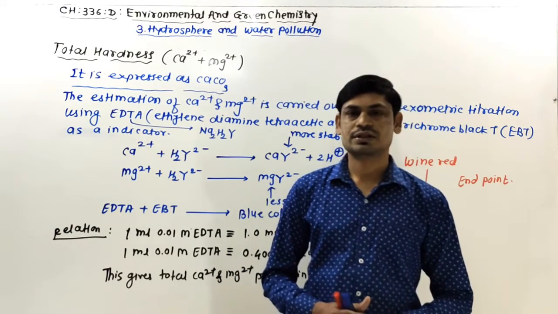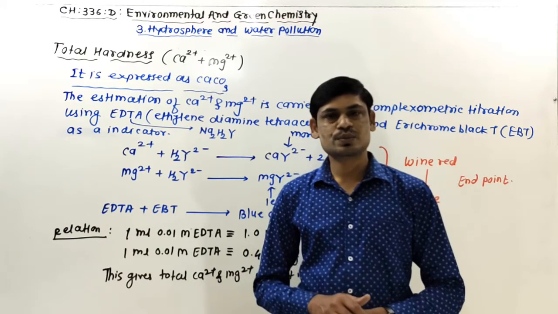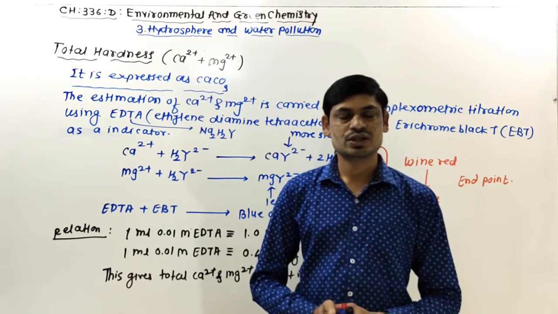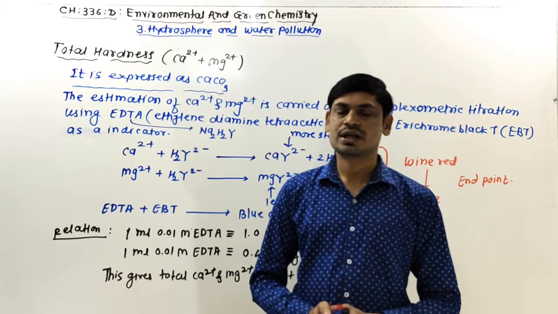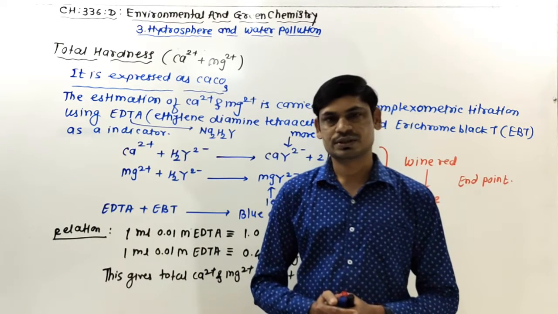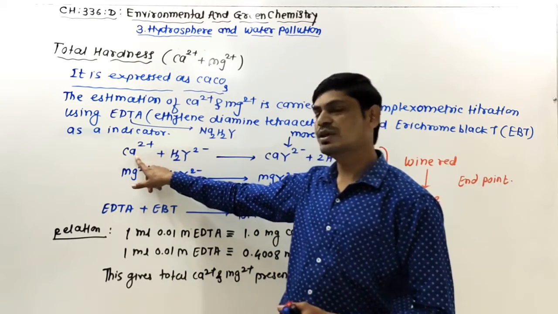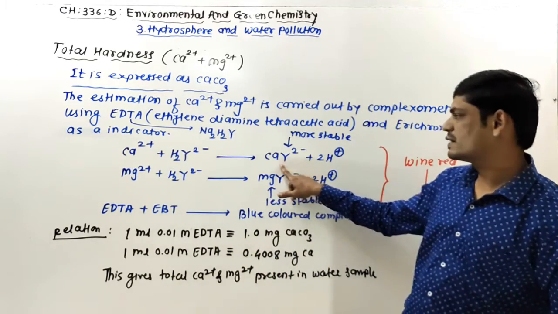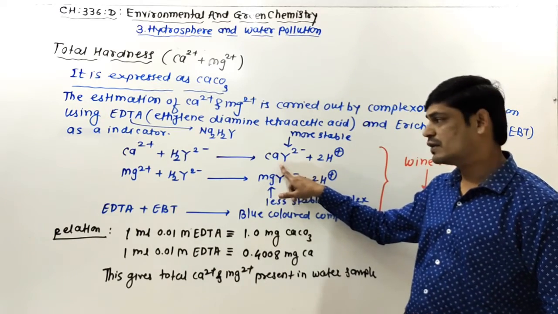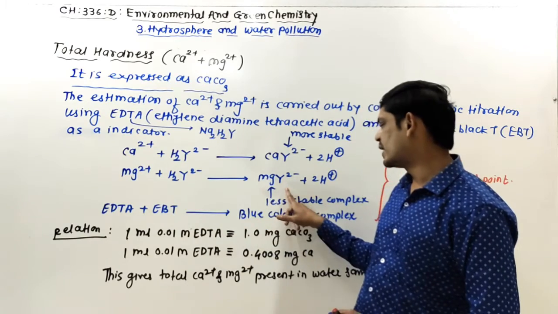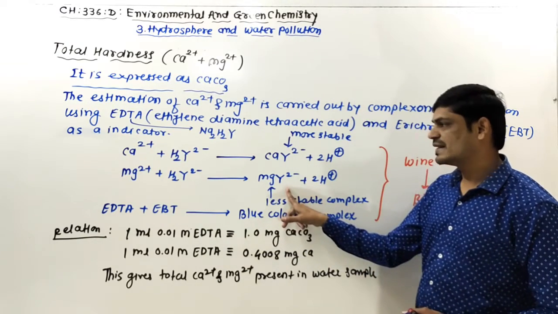Important thing is that the Ca2+ and Mg2+ are estimated by complexometric titration using EDTA and Eriochrome Black T indicator. The added EDTA first reacts with the calcium 2+ ion to form a more stable complex, and after that Mg2+ ion reacts with EDTA to form a relatively less stable complex.